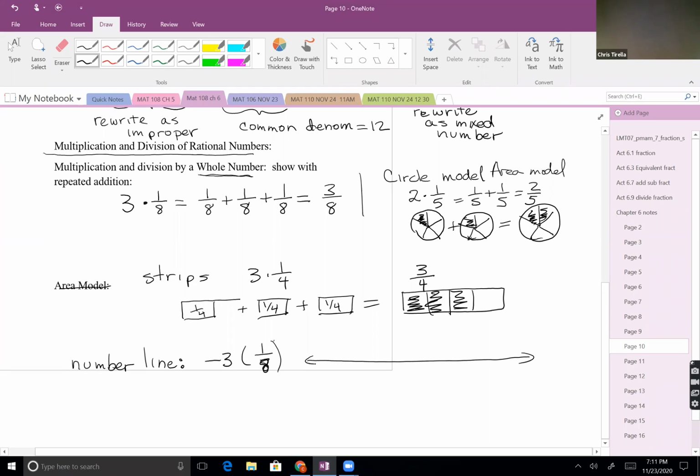And if you remember correctly, if we were looking at multiplying by a negative on the number line, we would be looking at it as taking away. And so I would have 1/8, 1/8, 1/8, and that would take me to -3/8.